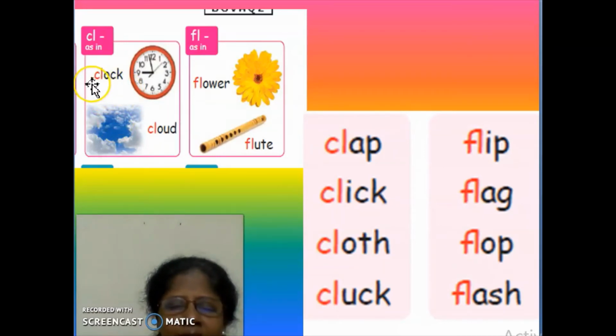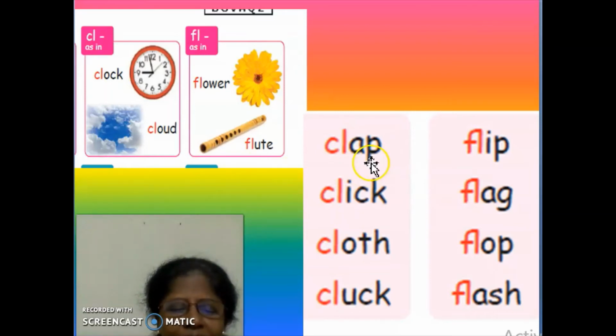It starts with the k sound, it ends with the k sound. Flower, cloud, flute. Right? Now let's read more words.